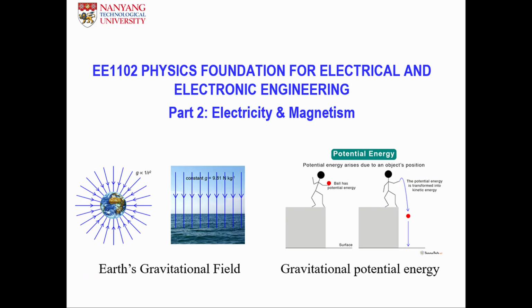That is the so-called electrical potential or potential energy. Basically, electrical potential is a parameter that describes electricity in terms of its energy, the energy associated with the electricity.